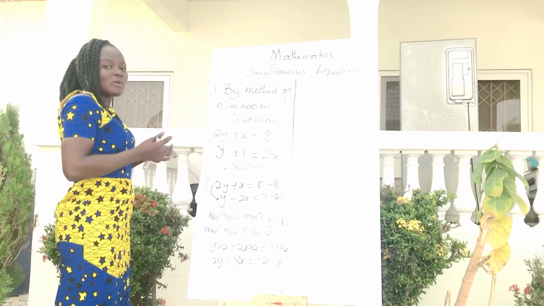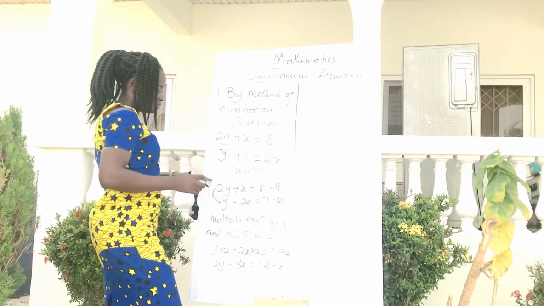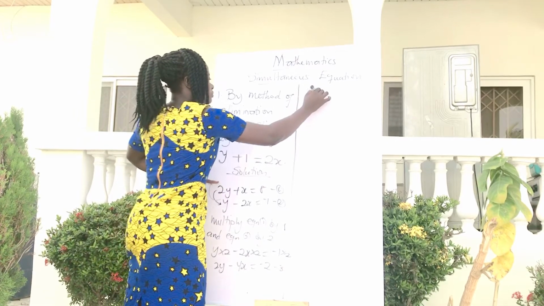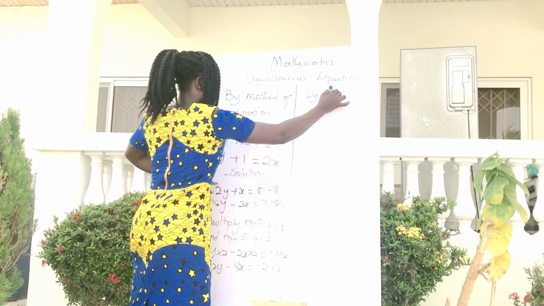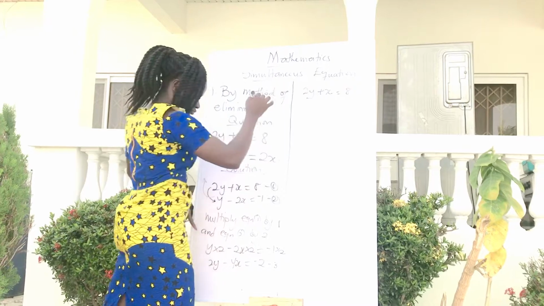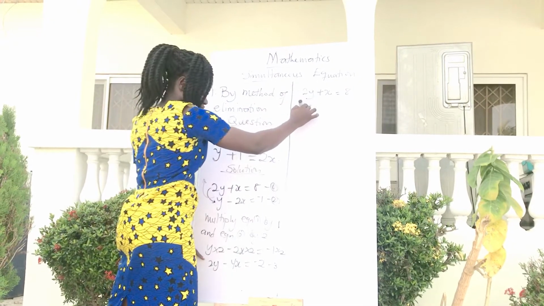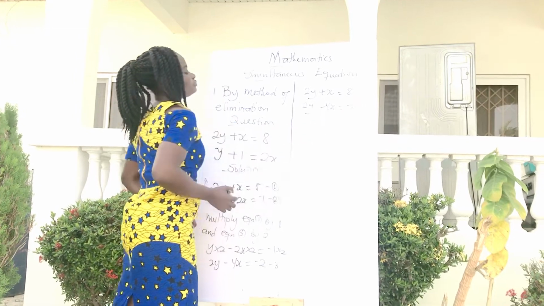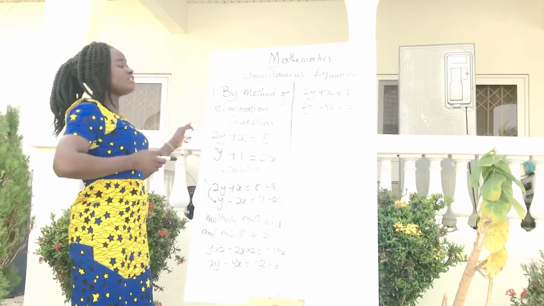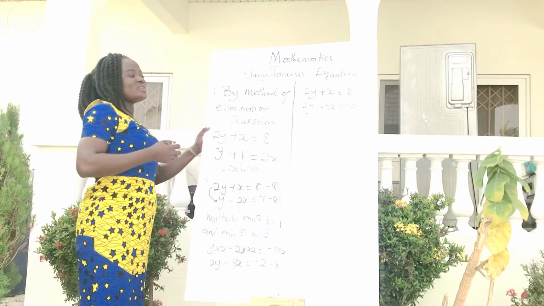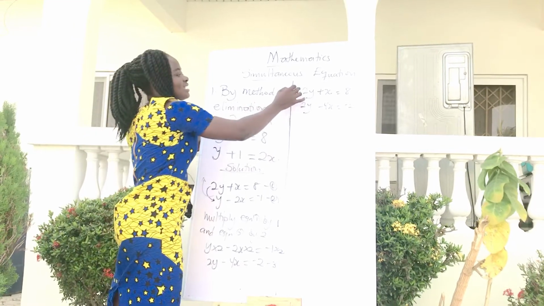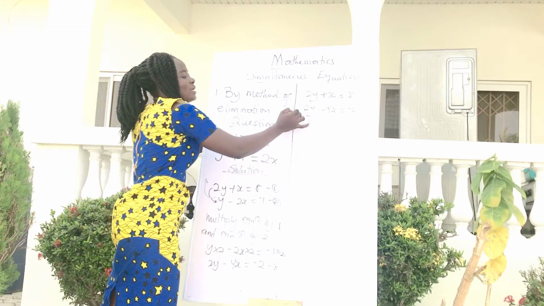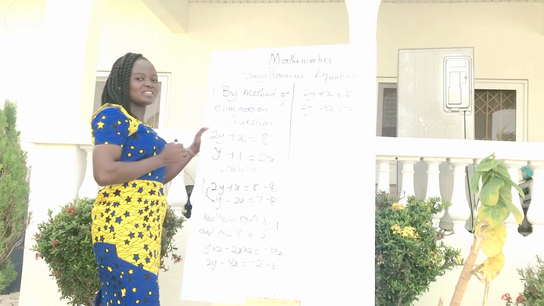Now bring the two equations together and solve. So equation 1 maintains as it was. When you get it this way, looking at the signs over here, we have positive 2y and positive 2y in equation 3.